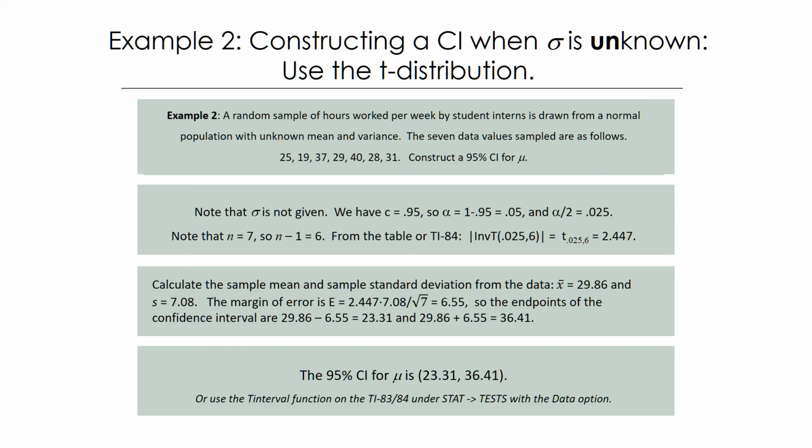So the 95% confidence interval for mu in this case is the interval from 23.31 to 36.41. Again, interval notation is most common. This can also be found with the TI-83 or 84 calculator using the t-interval function, which is under stat tests. And then you can use the data option where you just have the data in list 1.